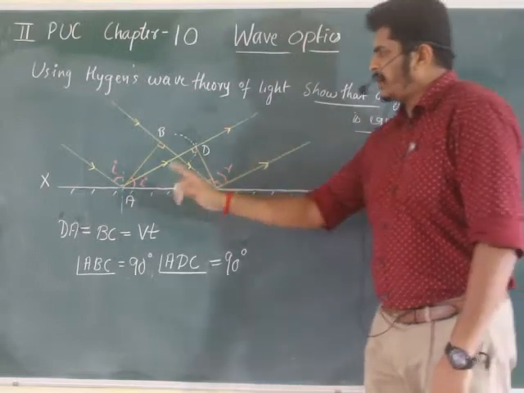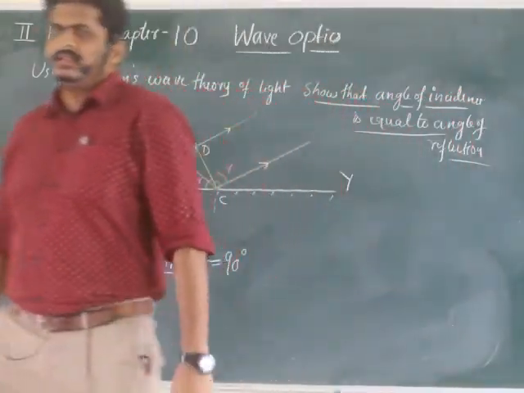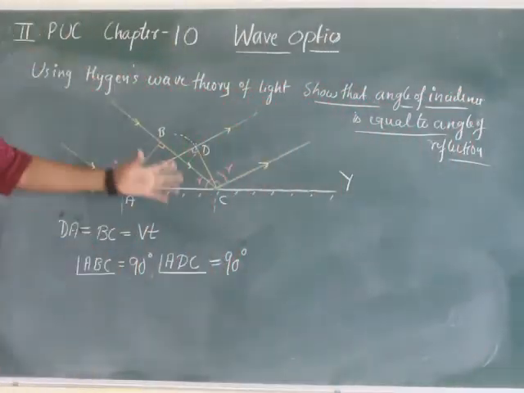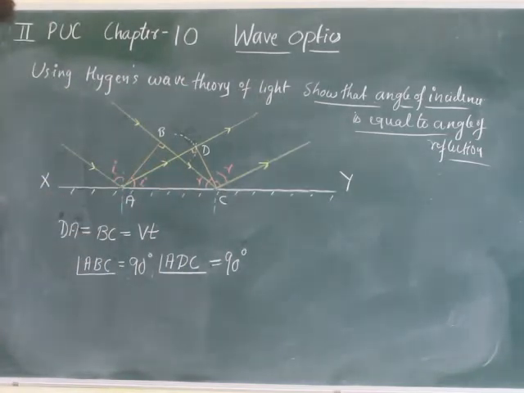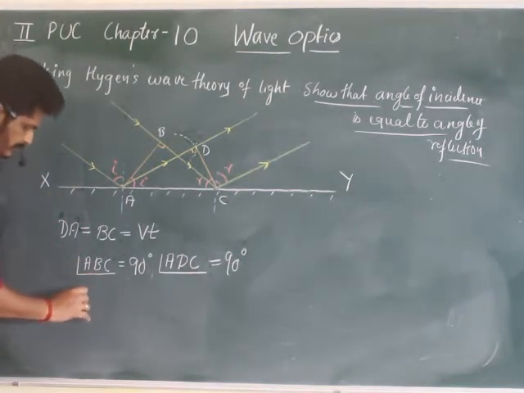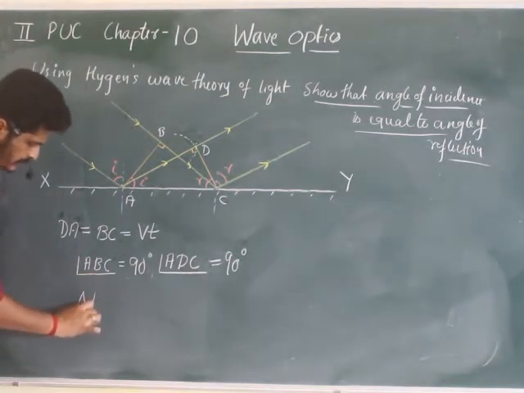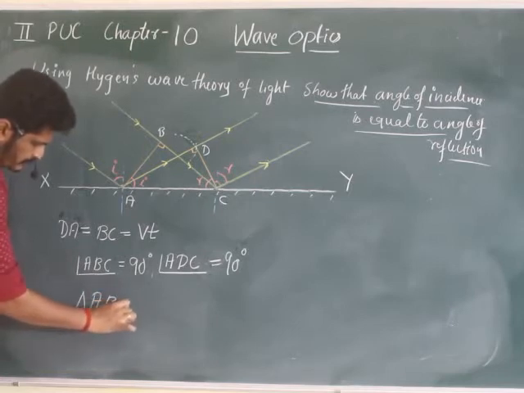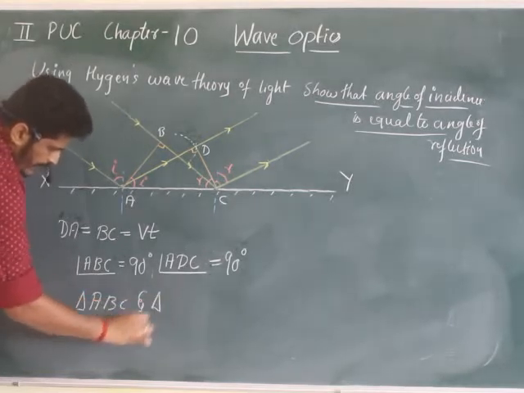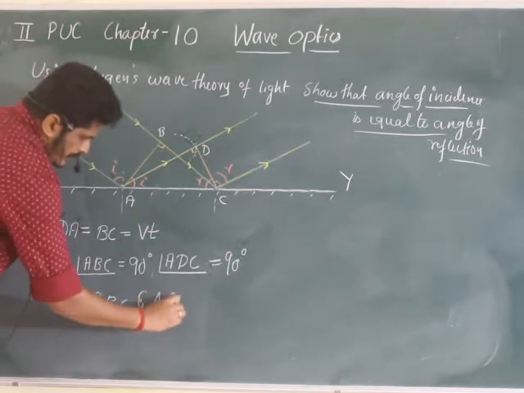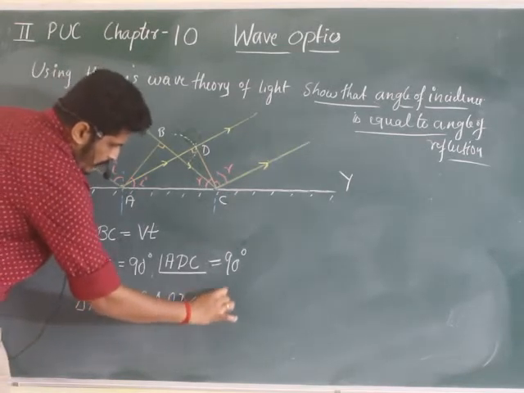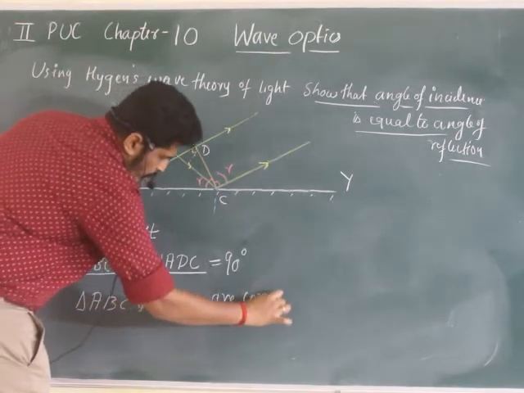Now we have to compare these two. Compare in the sense, we will look at the angles subtended. By looking at this, we come across the statement that triangle ABC and triangle ADC are congruent.